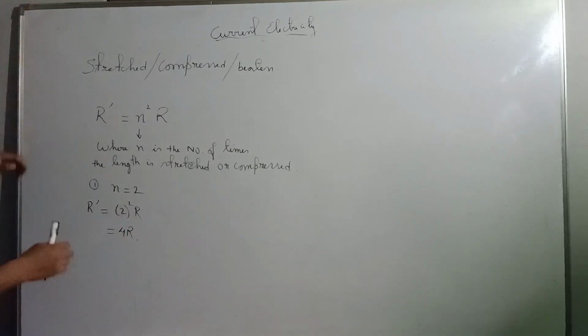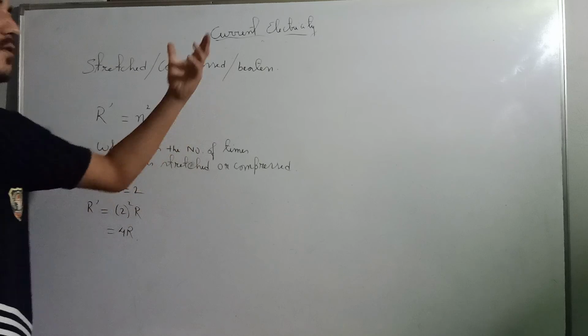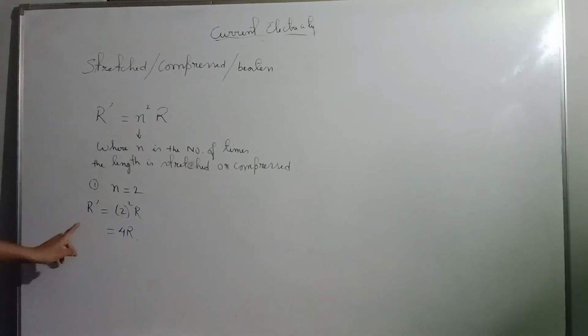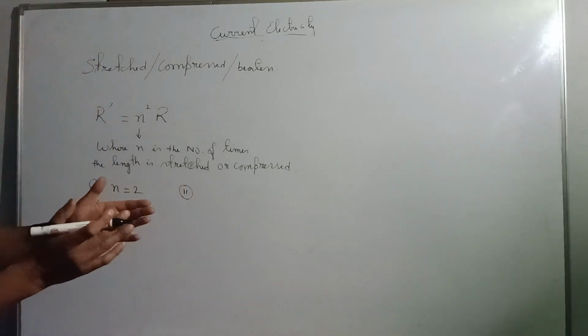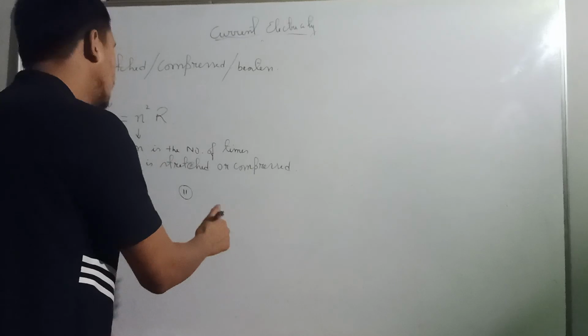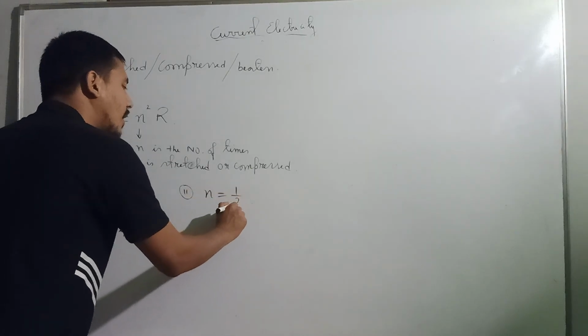So if you stretch the wire twice of its original length, then your new resistance will become 4 times its original resistance. In the second case, you compress the wire to half of its original length. In that case, your N is equal to 1 by 2.